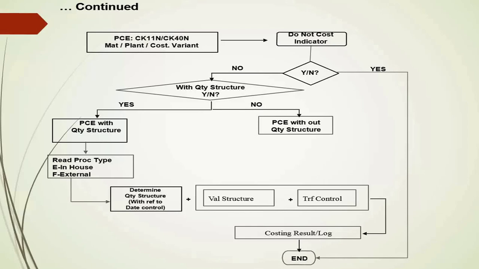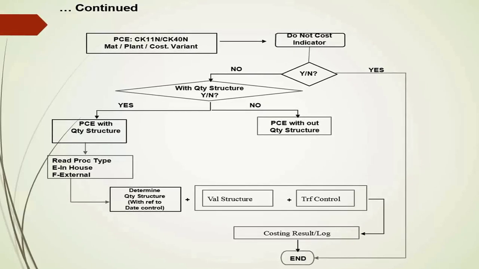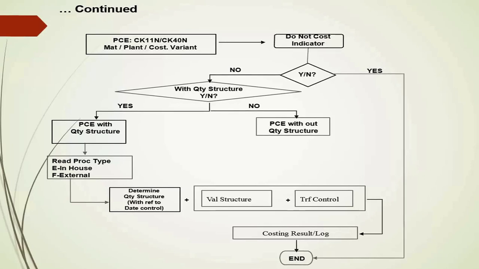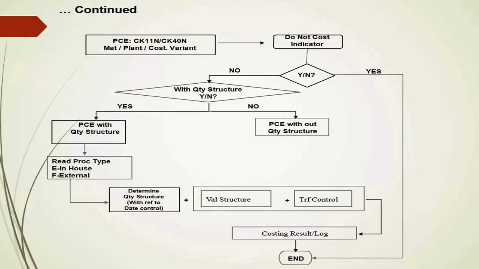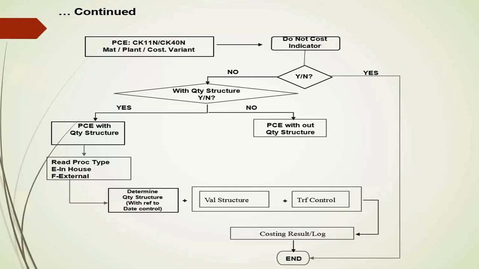In this scenario, we execute cost estimate by CK11N or CK40N. The difference between those two transaction codes in SAP is that CK11N you can do by material, CK40N you can do by materials and plants, so mass, like you can select thousands of materials or multiple plants. But CK11N you have to do by material, just one material.